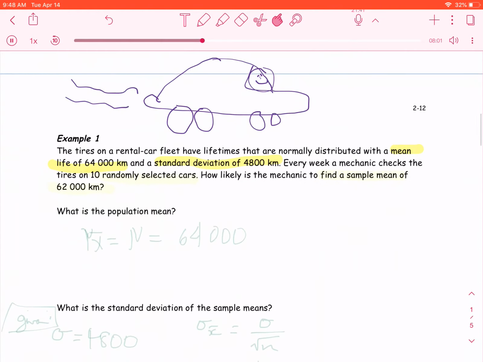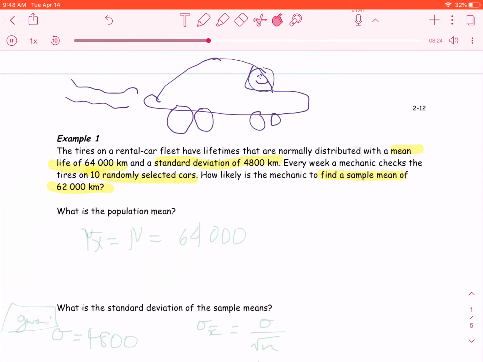Every week, a mechanic checks the tires on 10 randomly selected cars. How likely is the mechanic to find a sample mean of 62,000 kilometers? This is what we're trying to figure out. The question is broken down into several sub-questions, so we can go through those as well.